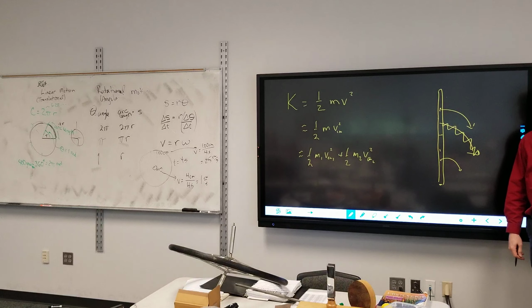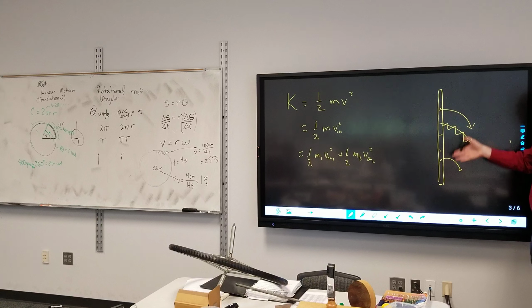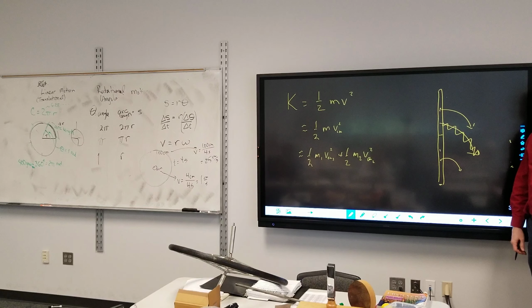It's more difficult mathematically, but it's a better approximation. What do you think would make a better approximation? In terms of accuracy, not in terms of the amount of work you have to do.